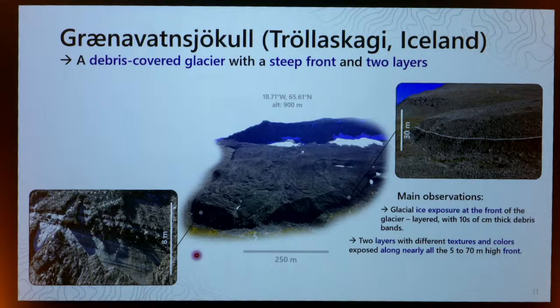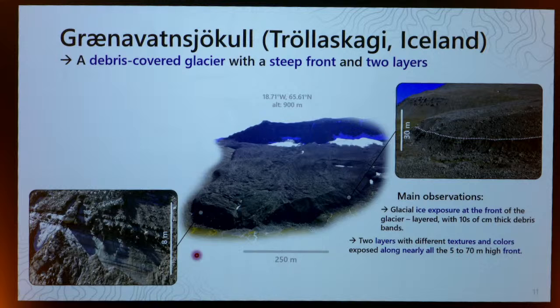And the last possibility is that these two layers are bands formed with varying debris contents, formed by multiple events of deposition and ablation due to obliquity changes and changes of the climate. All these hypotheses have their limits, and we don't really know which is best to explain the layers that we see on Mars, but that's still something we are investigating.